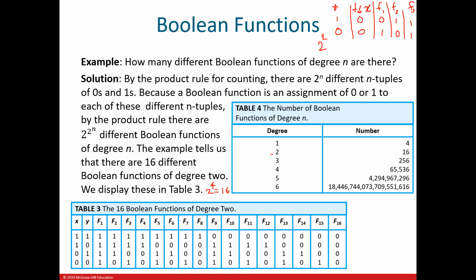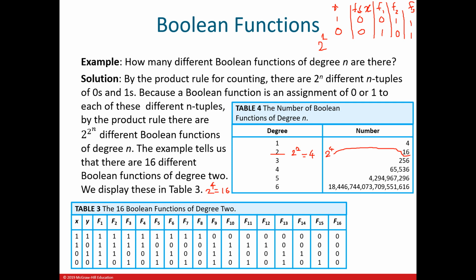So when we have degree 2, we have 2 raised to 2 rows, so basically 4 possibilities, and for each of these 4 possibilities we can generate one function, so we can generate 2 raised to 4 such functions, which is nothing but 16, as given here.